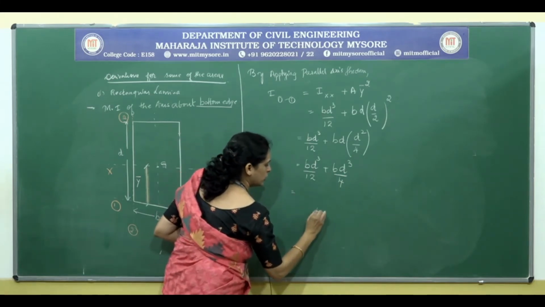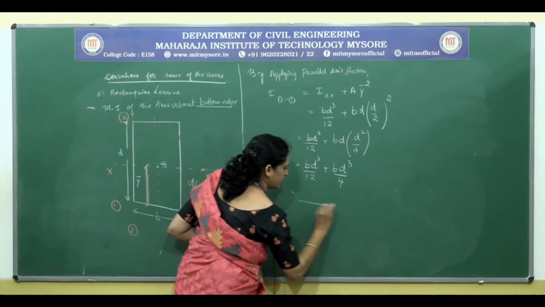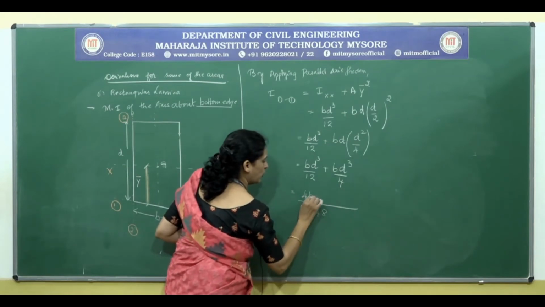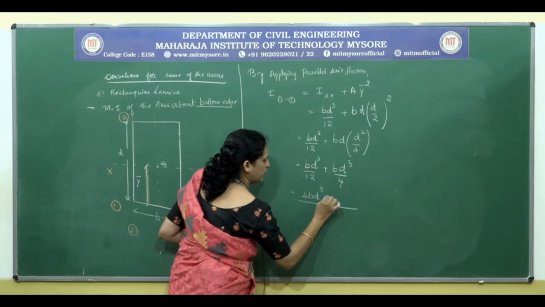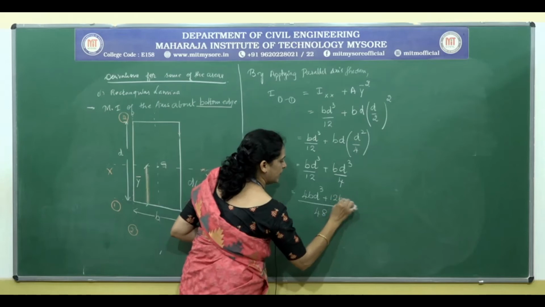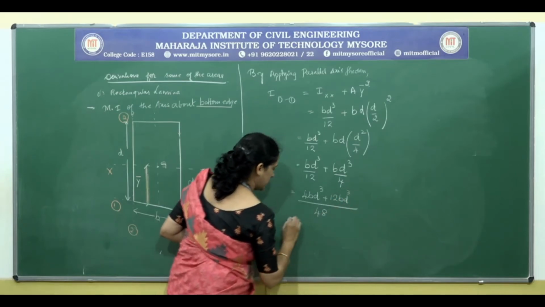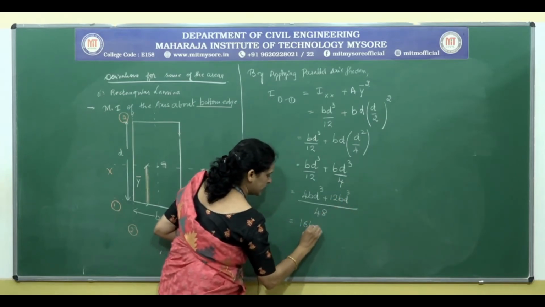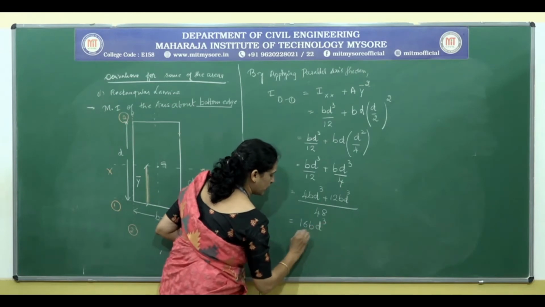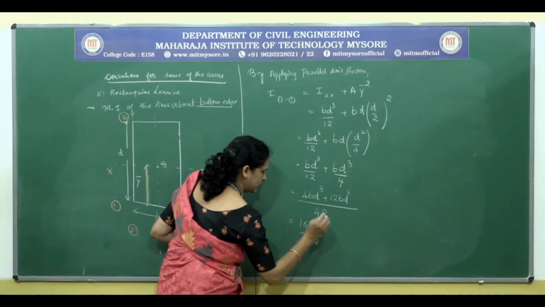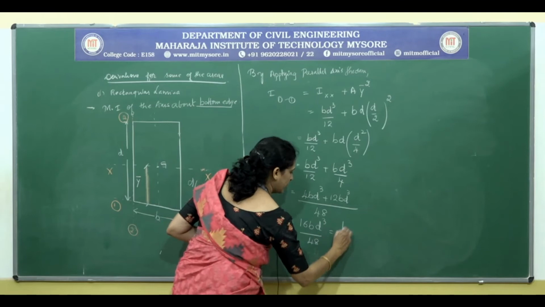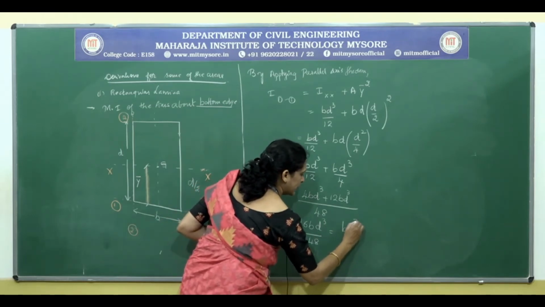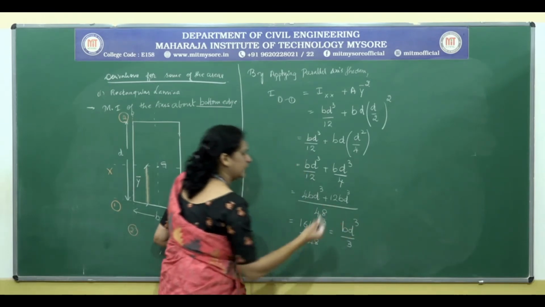Further simplifying, we get 4BD cube plus 12BD cube, that is equal to 16BD cube by 48. So finally we get BD cube by 3.